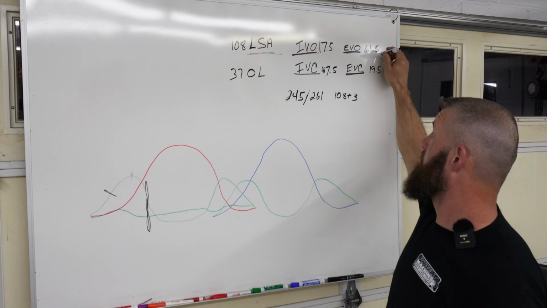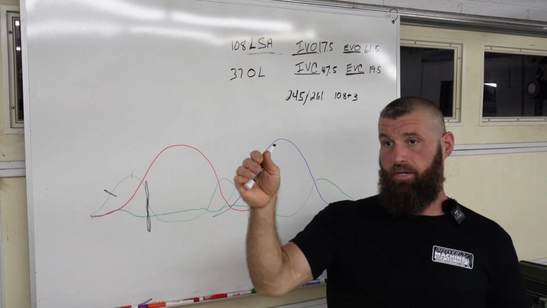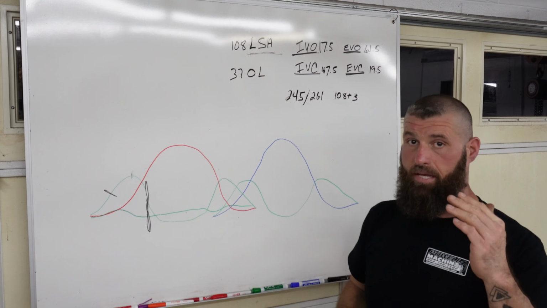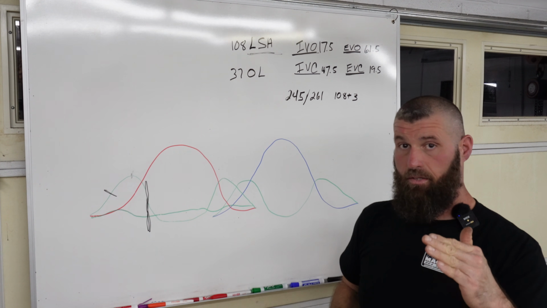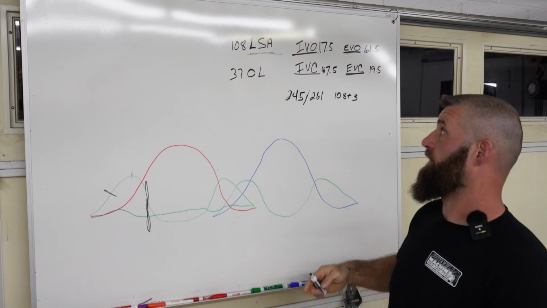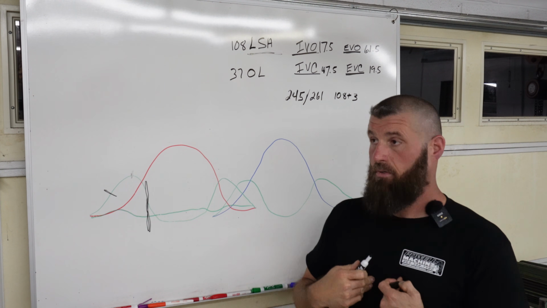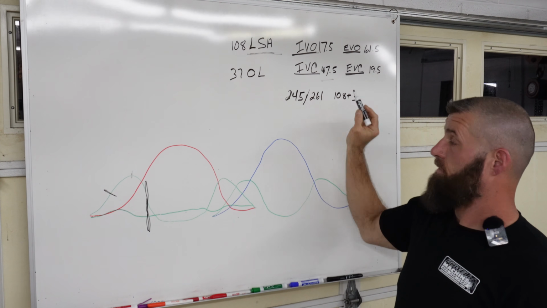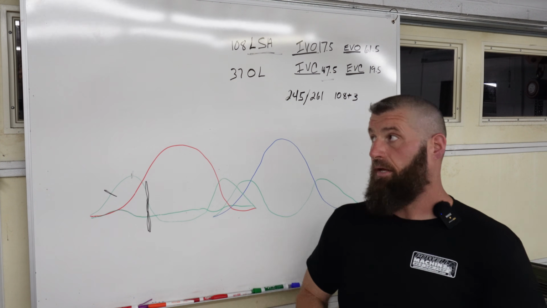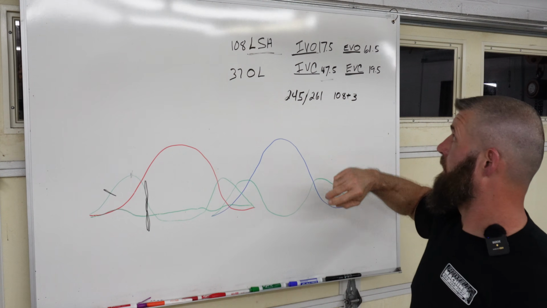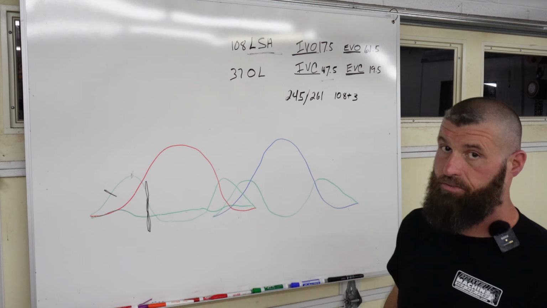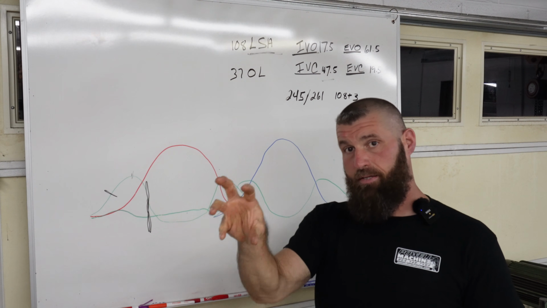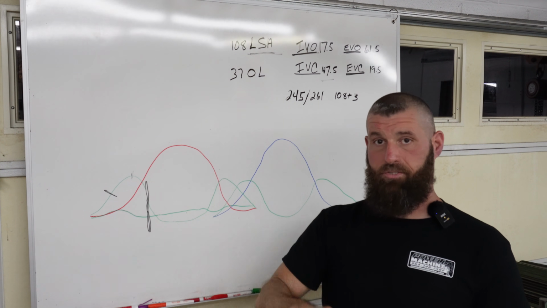We would just keep moving this number earlier and earlier till it started losing power. Then, in my opinion, we would start moving this number right here till it started losing power. And then once we got these two right, we could go back and start working on these two. And then you could dial it in to absolute perfection.